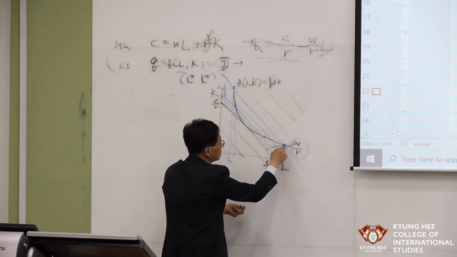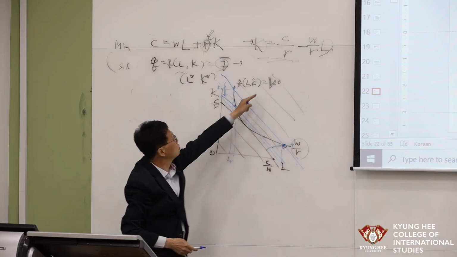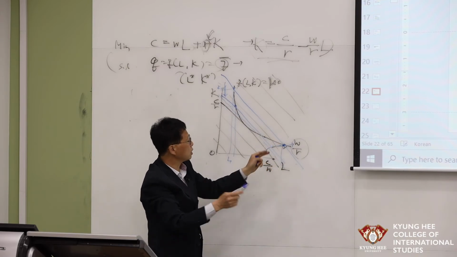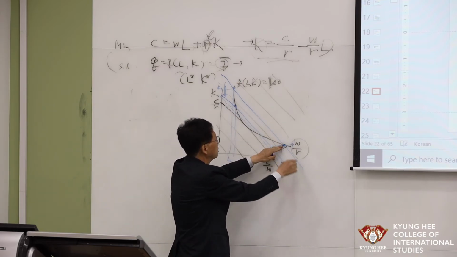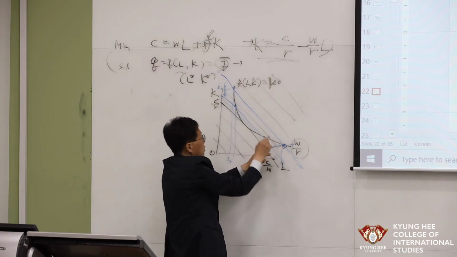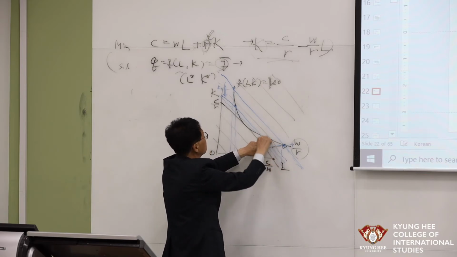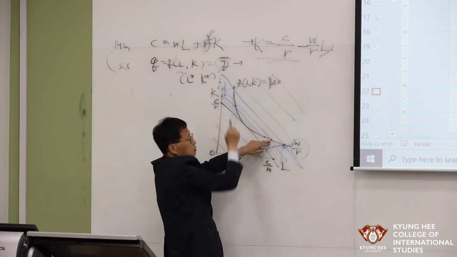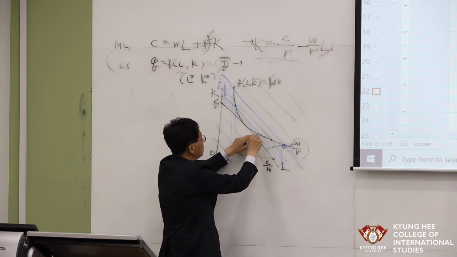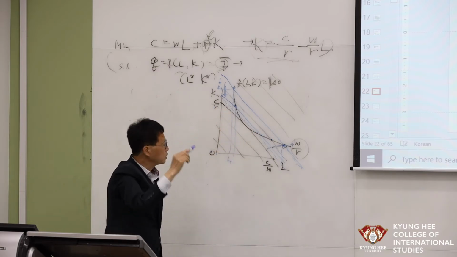If you choose this input mix, labor capital combination, to cook 100 pans of pizza, total cost is indicated by this isocost line, isn't it? Total cost decreases. If you choose this point, total cost decreases again, because the y-intercept decreases.